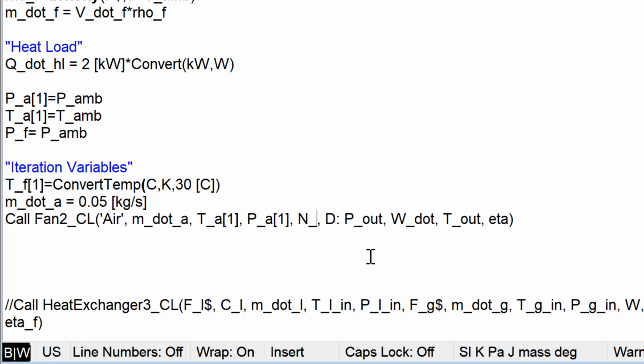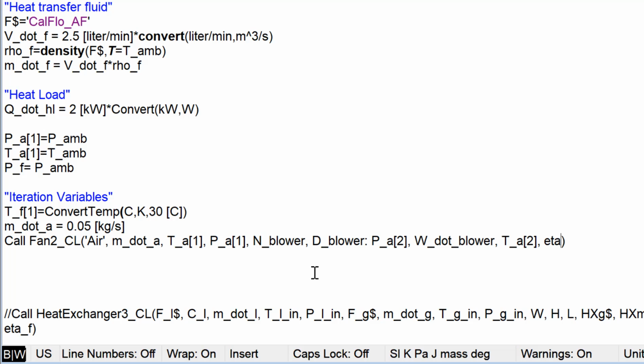And then I've set the speed of the blower, and I've set the diameter of the blower. And this is going to predict for me the pressure leaving the blower, as well as the power provided by the blower, the temperature of the air leaving the blower, and if I'm interested in it, I can also get the blower efficiency.